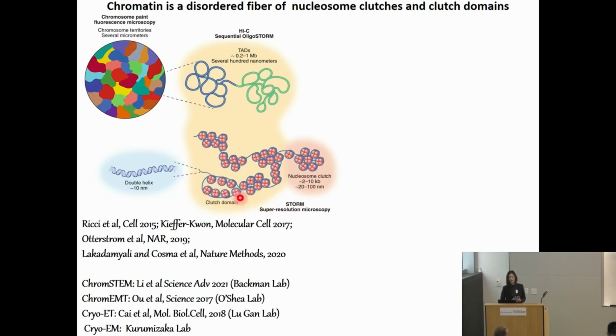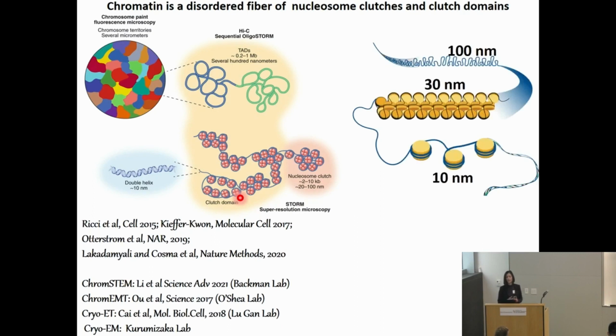This organization that I'm showing you here is quite a bit different from the textbook model that I showed you in my first slide, where chromatin is supposed to fold in a very ordered and hierarchical fashion from a 10 nanometer to a very ordered and beautiful 30 nanometer fiber. Nowadays, using both super resolution microscopy in my lab and other labs, as well as other technologies like ChromEMT and ChromSTEM in Vadim Backman's lab, we have come to realize that chromatin is actually more of a disordered fiber.